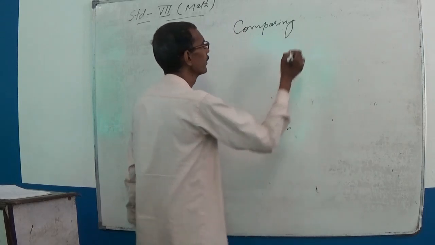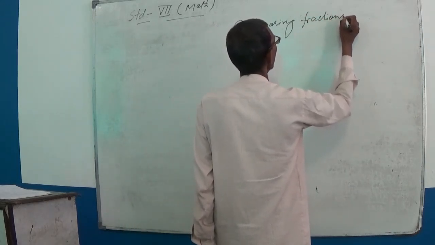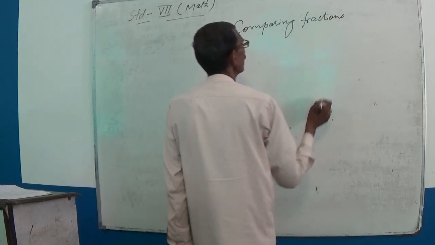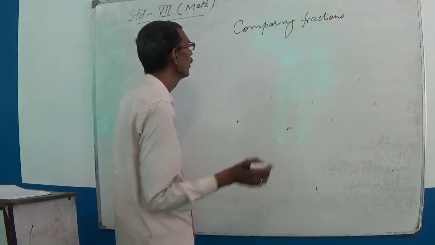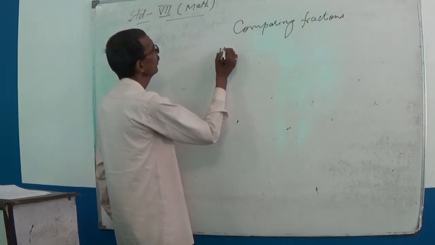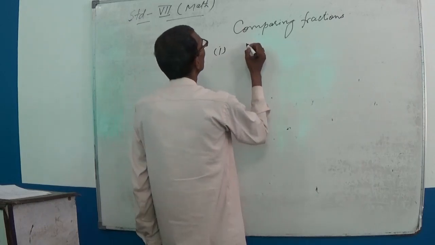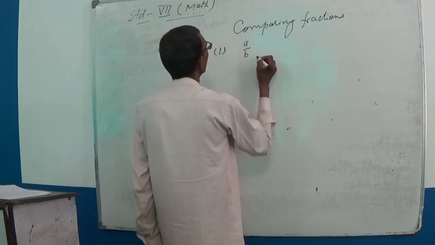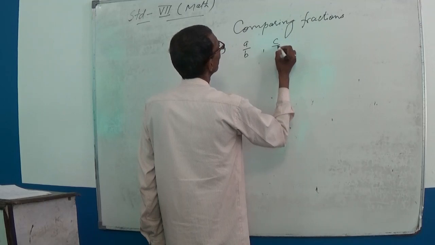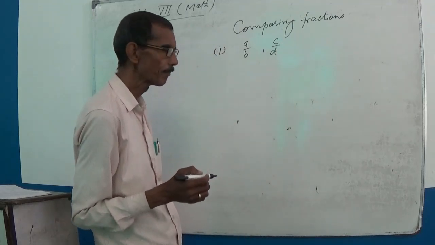Comparing fractions. Take one example. Suppose A by B and C by D are two given fractions.